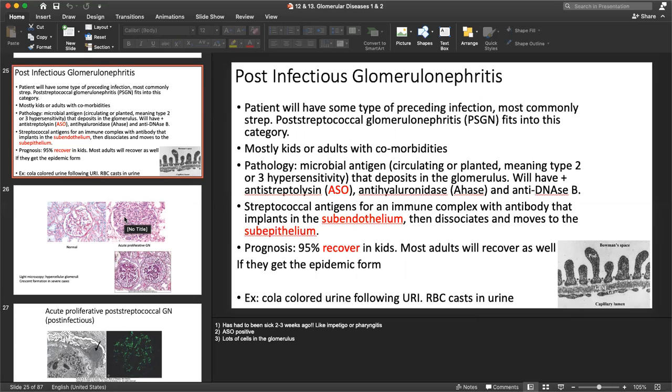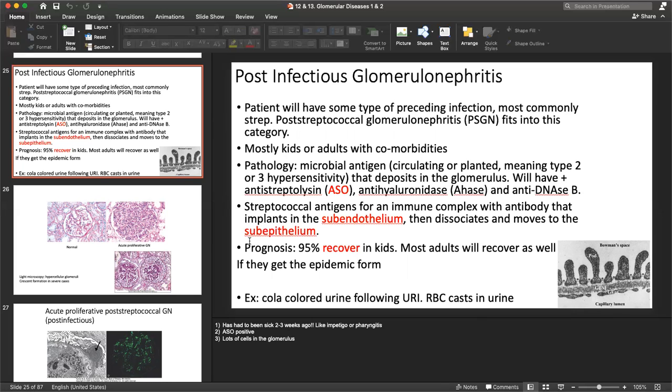The immune complex, remember, is going to be hypersensitivity reaction 3. That is going to implant on the subendothelium, and then it's going to move to the subepithelium. So where these places are located in the kidney are very important to know. Most kids recover, and adults do too, but most likely you're going to see a kid.